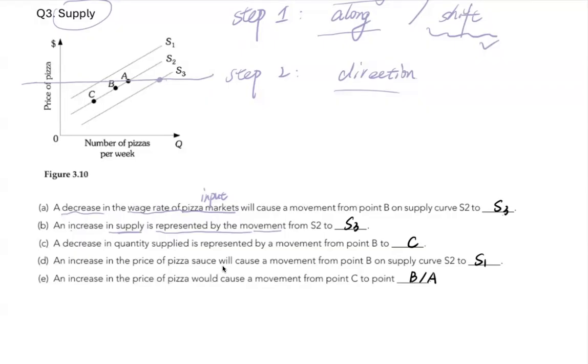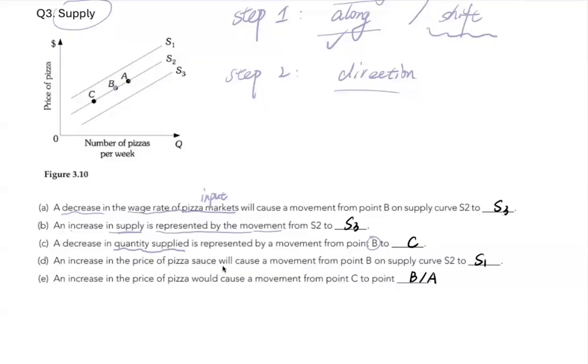Okay, then the direction is also from S2 to S3. But when we look at question C, it directly tells you this is the quantity supplied. So this would be a movement along the curve S2, right? And originally your equilibrium is B.